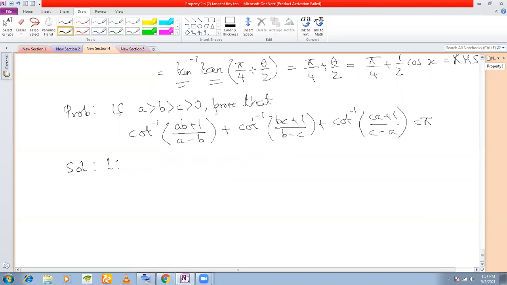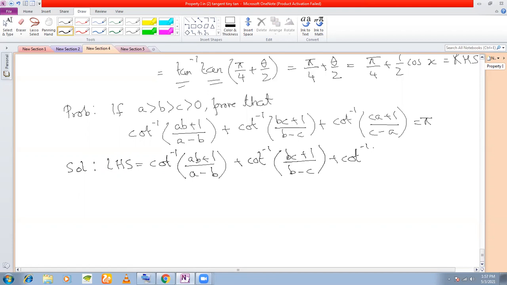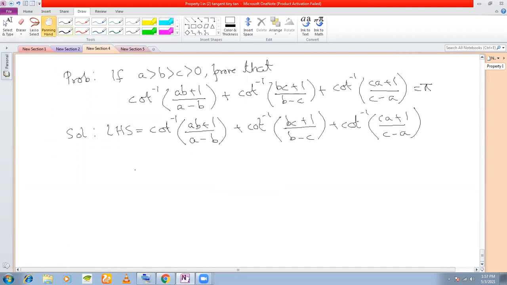Let's start from the left hand side. Left hand side, we have cot inverse (ab plus 1) by (a minus b) plus cot inverse (bc plus 1) by (b minus c) plus cot inverse (ca plus 1) by (c minus a). Since it is difficult to work with cot inverse, we convert cot inverse to tan inverse, and it becomes the reciprocal.